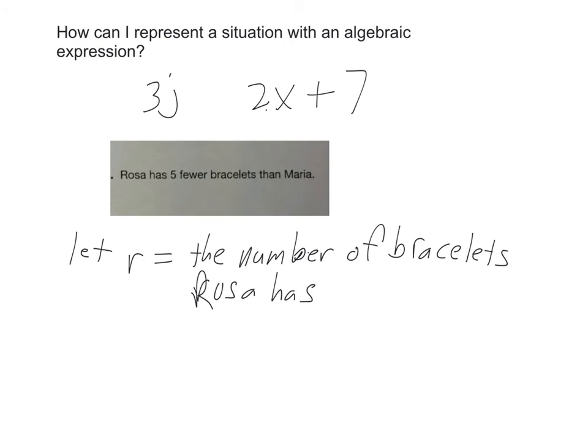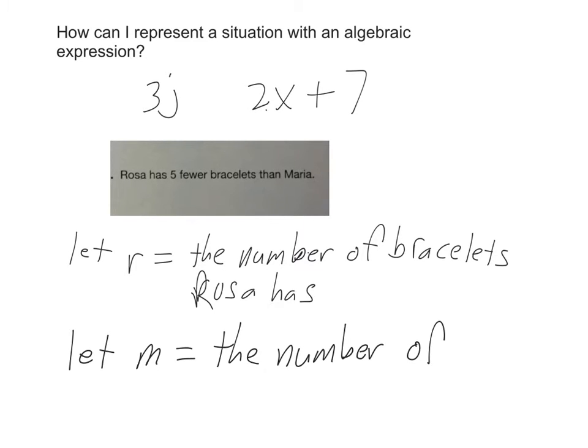So I wrote a let statement that says let R equal the number of bracelets Rosa has. Then you create a second one to say what I want to equal the number of bracelets that Maria has. That's the other thing we need to have here. So we could say, let M equal the number of bracelets Maria has.